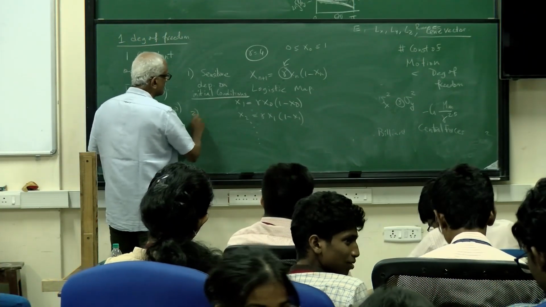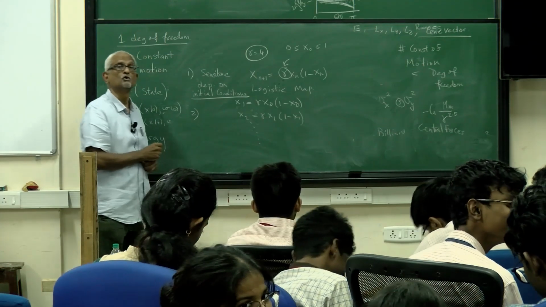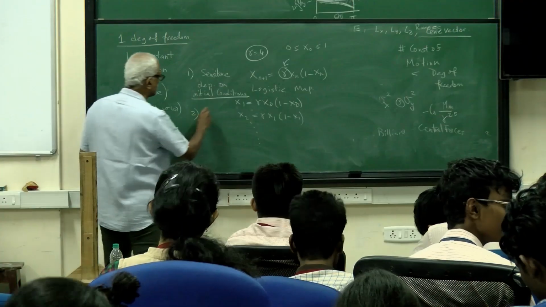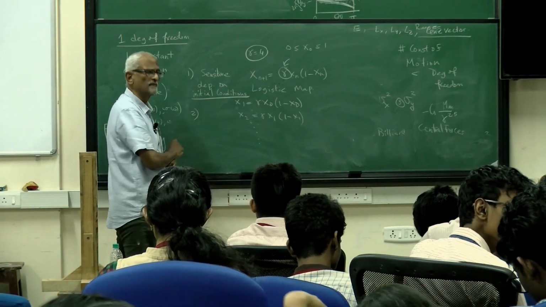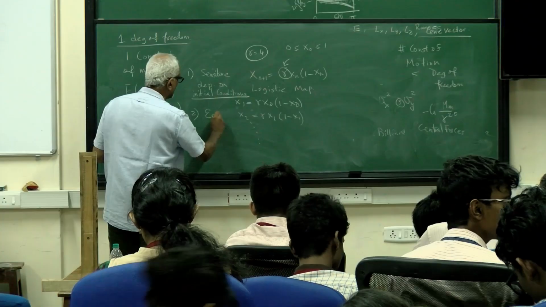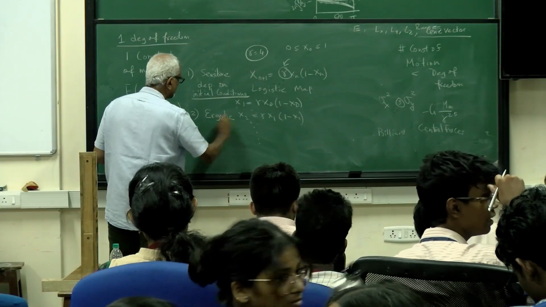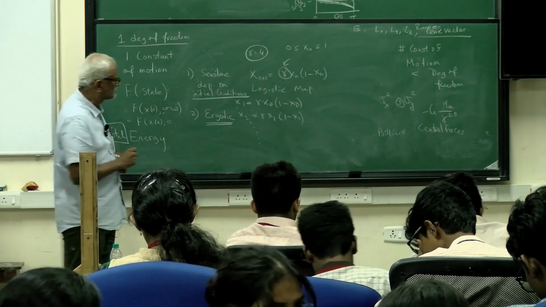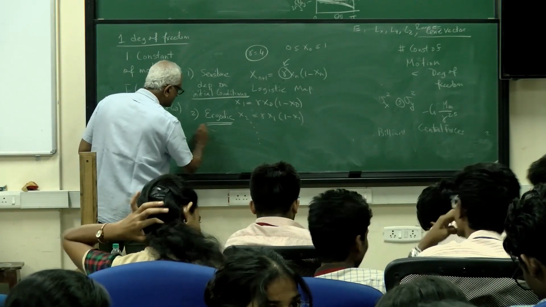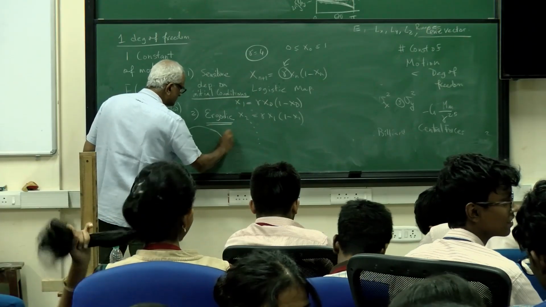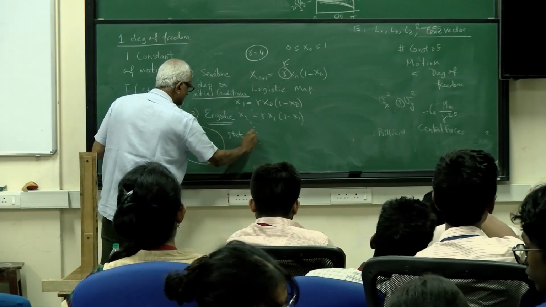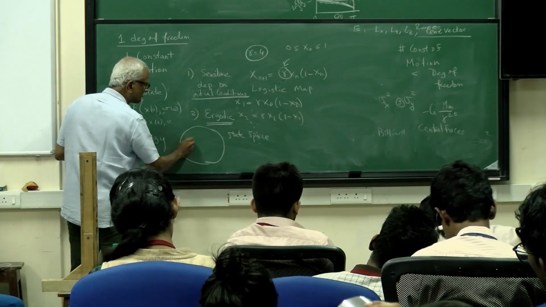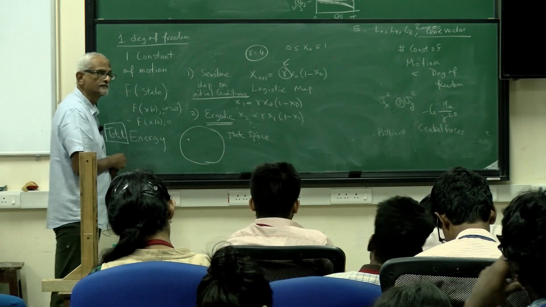Two, it should be what is called ergodic. What does ergodic mean? Let's say that here you have some state space, and you start from some point in the state space.